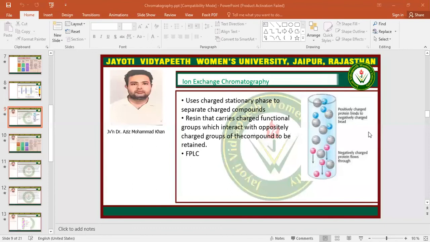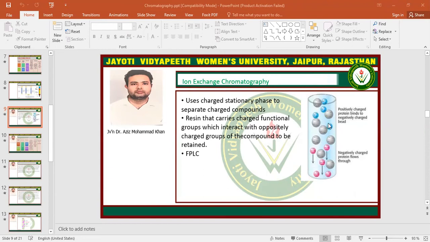I must also explain it with the diagram here. So this is a diagram of ion exchange chromatography, and this is an example. Here are some molecules which are positively charged, and some which are negatively charged.